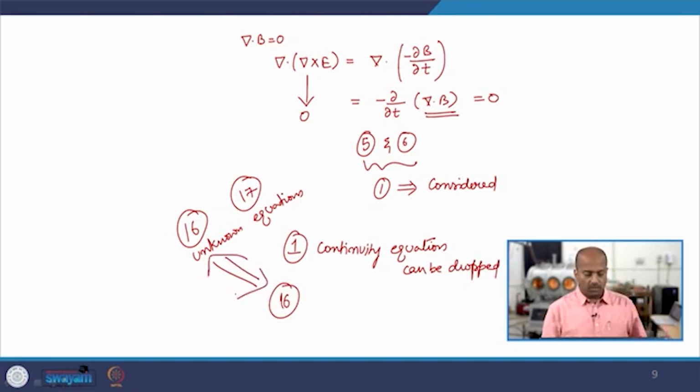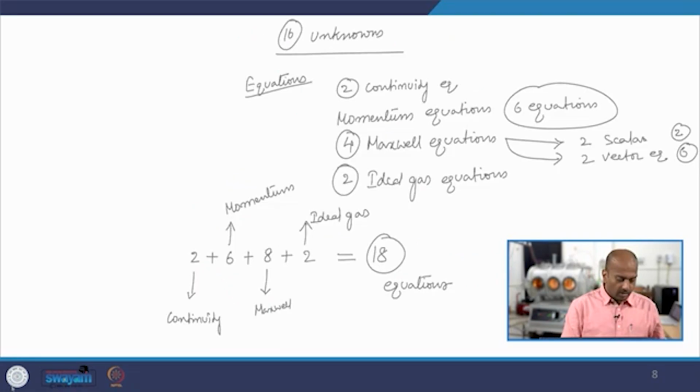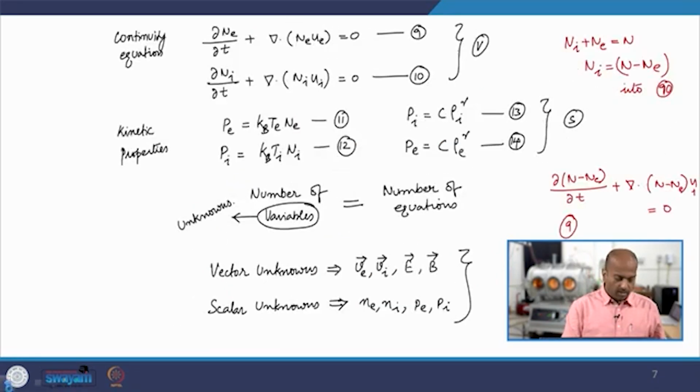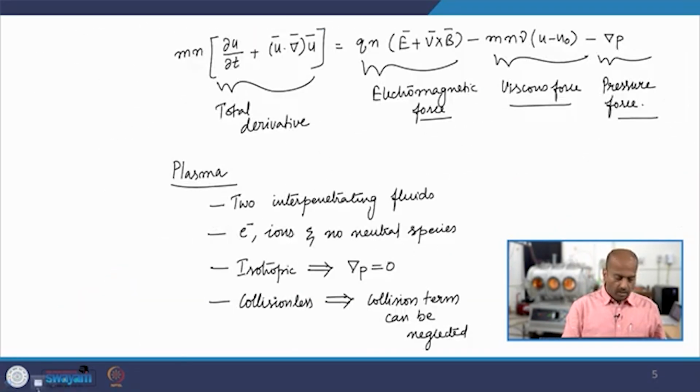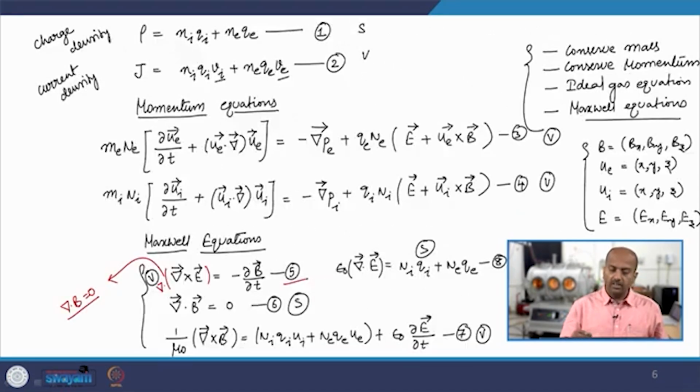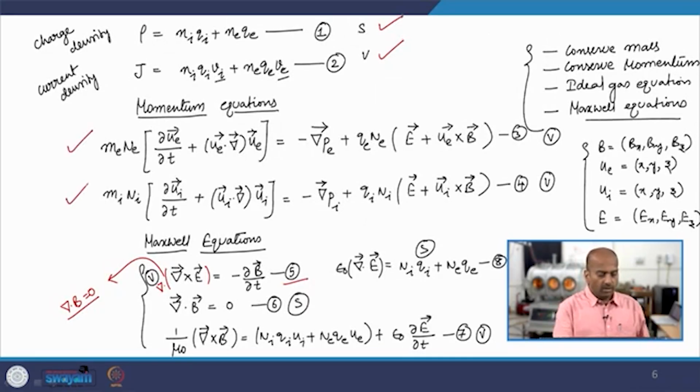Let us see what those 16 equations are, so that we can summarize this discussion, right. We will need the charge density and the current density. We will need the momentum equation for ions and electrons, and out of this we will probably take this equation and this equation.